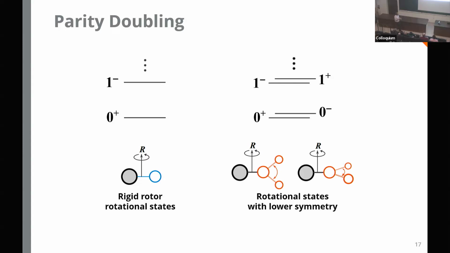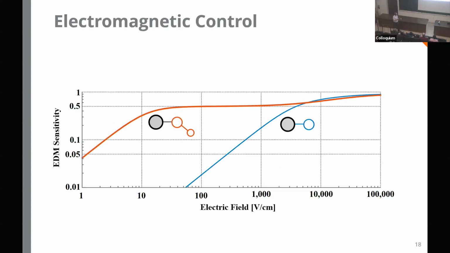And so you get two different rotational ladders with slightly different energy. So instead of a ladder of opposite parity states, you get a ladder of doublets, of two pairs of states, each of which have opposite parity. And this is useful. These are parity doublets, by the way, which if you've ever talked to me, I probably say that phrase a lot because I really like parity doublets.